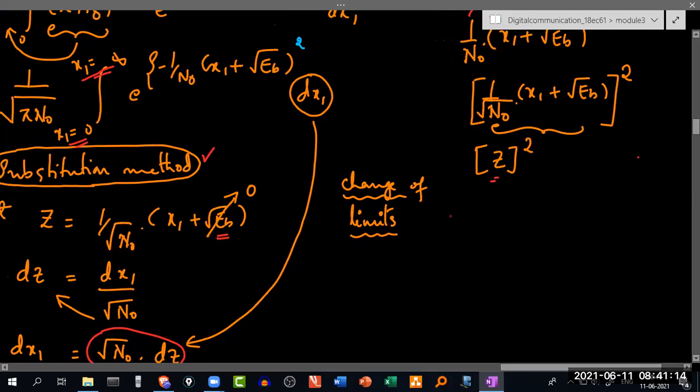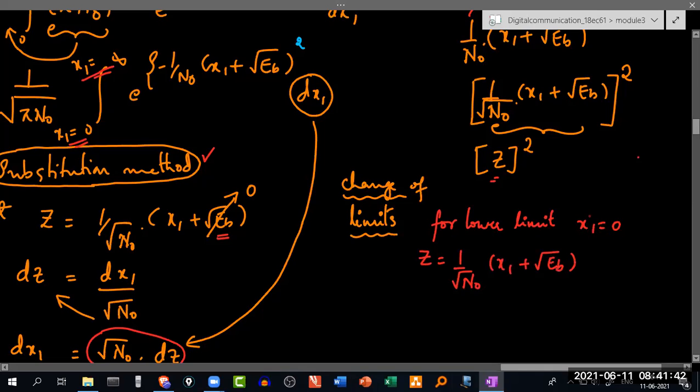So let's consider our lower limit, x1 equal to 0. So let's see how this equation varies. Our substitution equation is z is equal to 1 by square root of n naught x1 plus square root of EB. This is our expression.